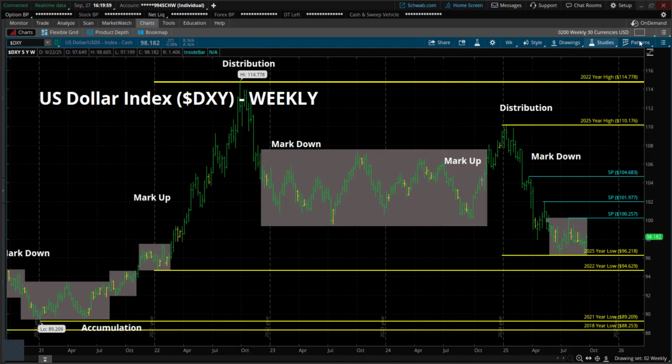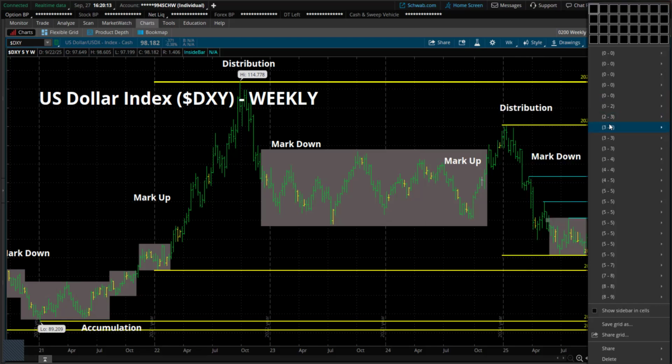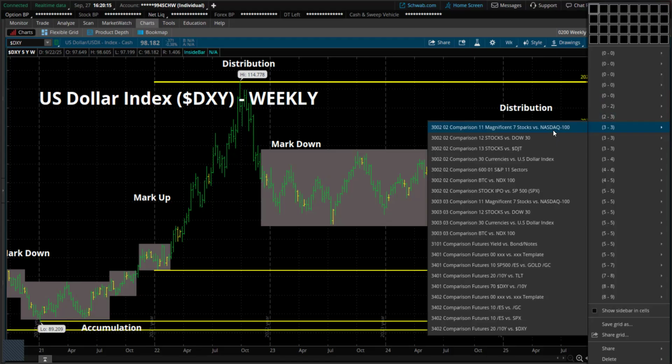Now I want to show you the comparison of the yields and the US dollar, the 10-year yields specifically.